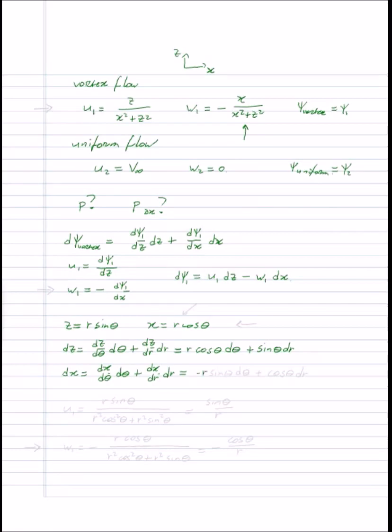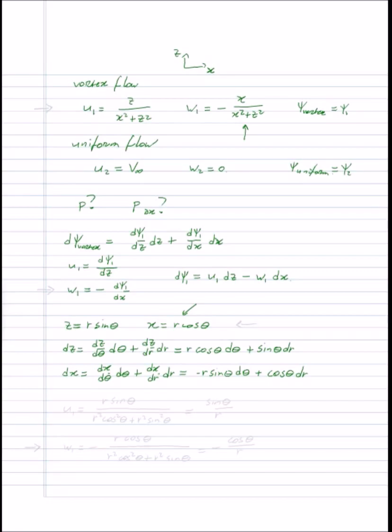So we get minus r times the sine of theta, and we multiply that times d theta. And then we add the derivative to r, x is linear in r here. So we take the derivative of that thing, and we get cosine theta, and we multiply that times dr. There we go. So we've got these two expressions.